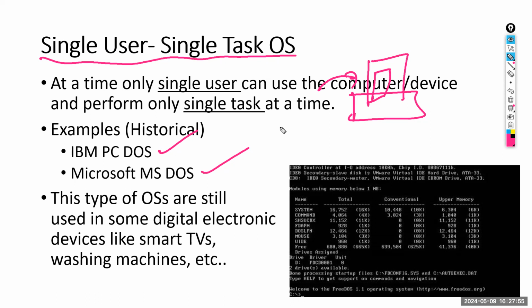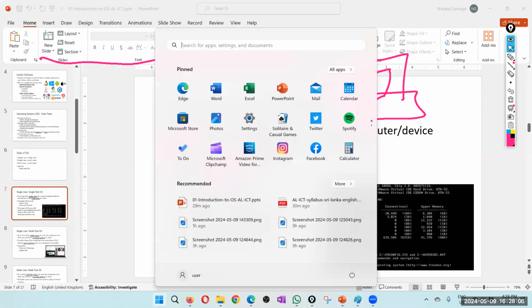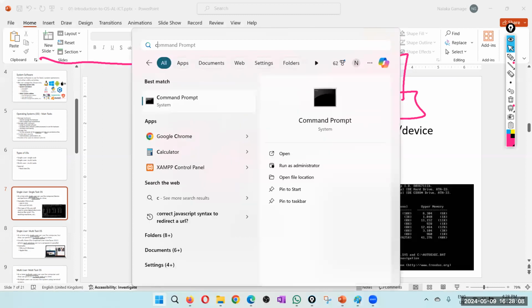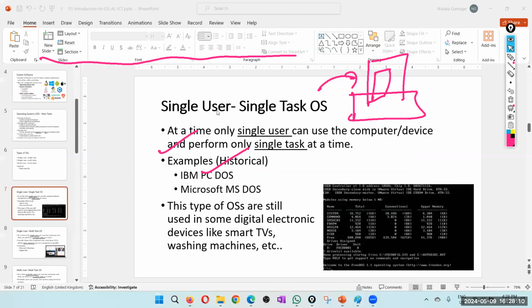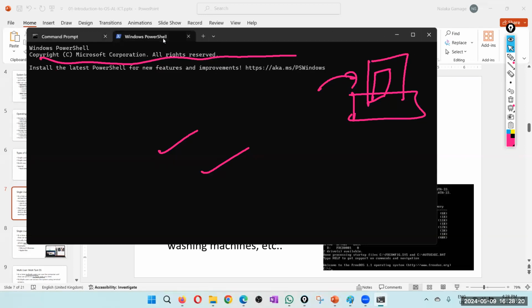Not only that, even with your Windows, you have command lines, but that is just a leftover from DOS. It doesn't mean that Windows is single user, single task. Of course, here I can do one thing and then another, but I can open multiple command lines and do things in parallel as well.